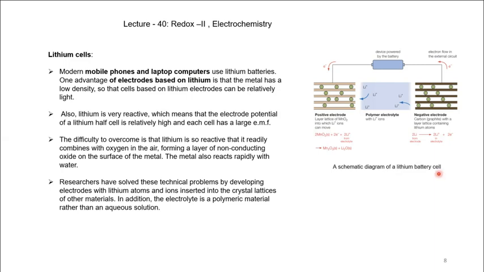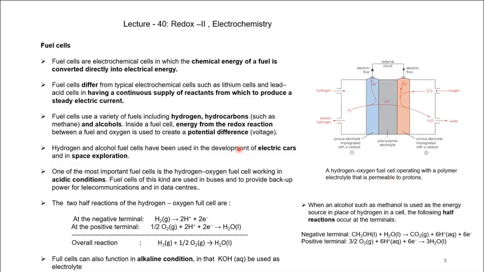So we can go for the next slide, which is a very important one: fuel cells. Fuel cells are electrochemical cells. So far we are talking about electrochemical cells, but some have this advantage, some have that advantage, in which the chemical energy of fuel is converted directly into electrical energy.